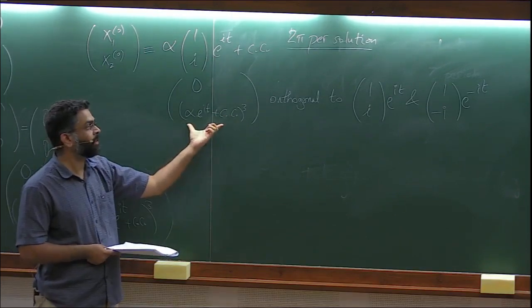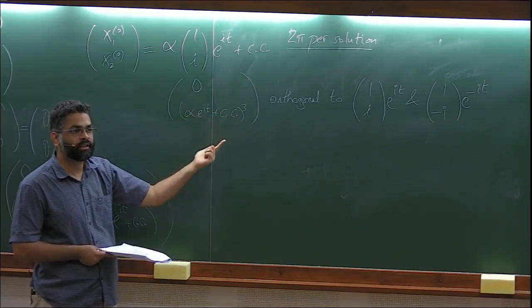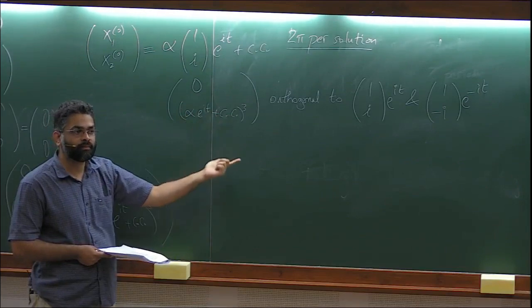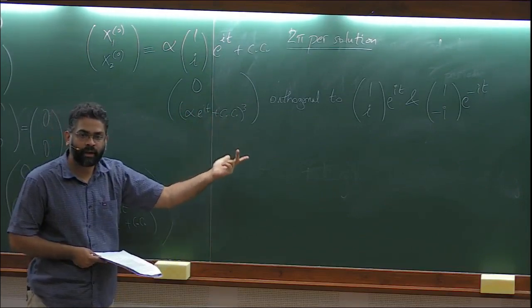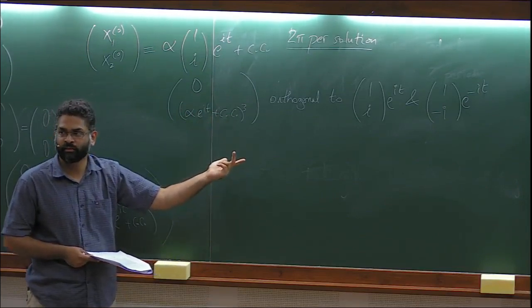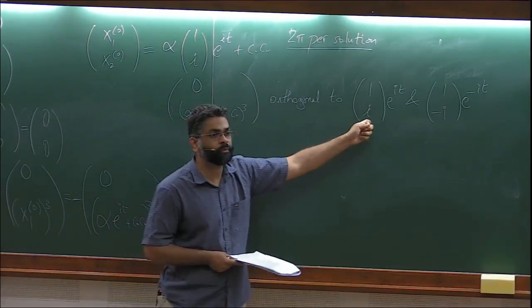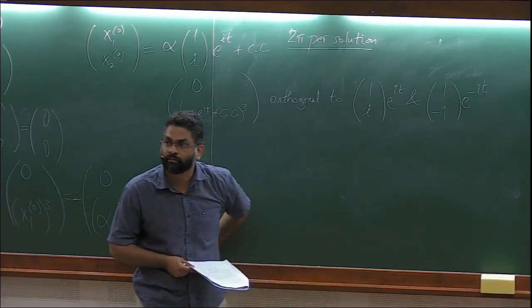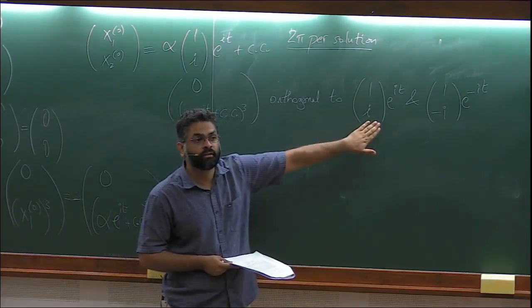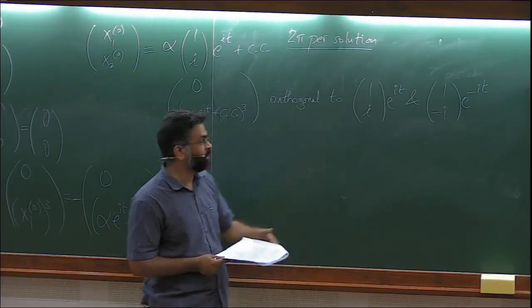Okay, so when I expand this, I'll get an e to the it, e to the 3it, e to the minus it, and e to the minus 3it. And each one of them will be multiplied by an e to the it here, when I take the inner product.